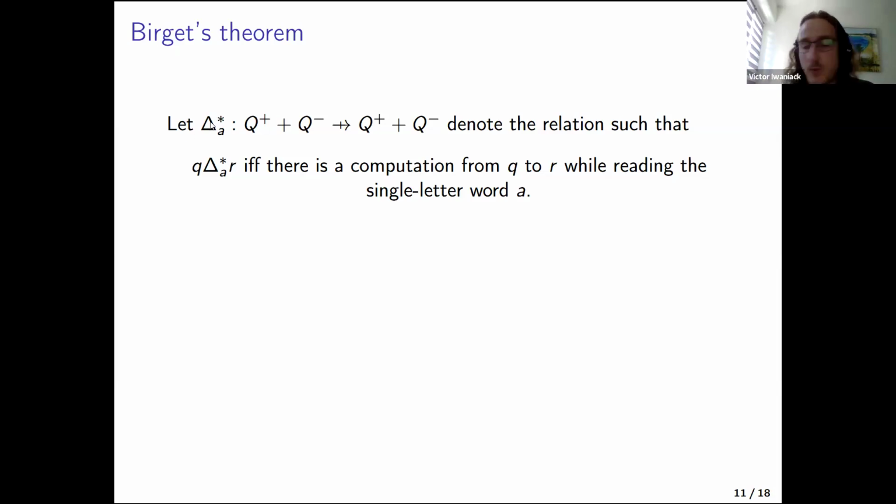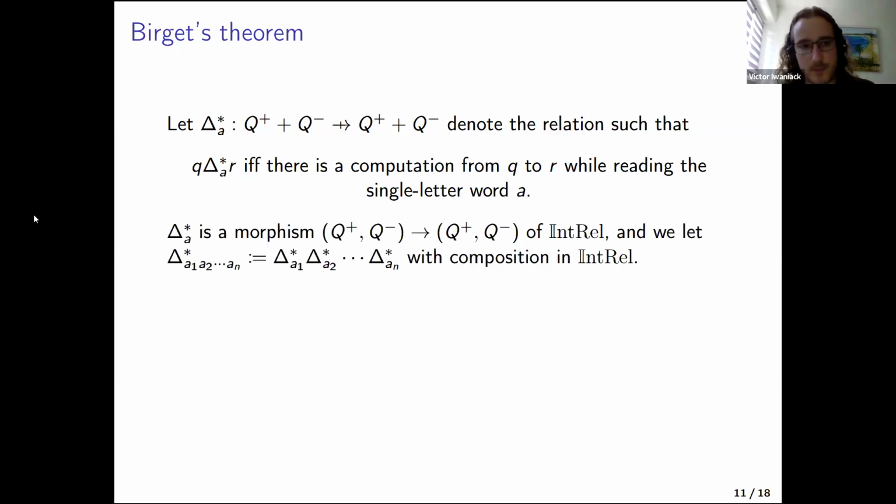So we define for each letter A, delta A star, to be the relation, seen as a morphism of Intrel, that describes the behavior of the automaton while reading the single-letter word A. Then you define the action, the delta star of a word, by its letters, but now you do the composition in the category Intrel.